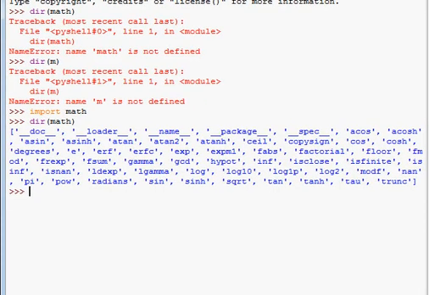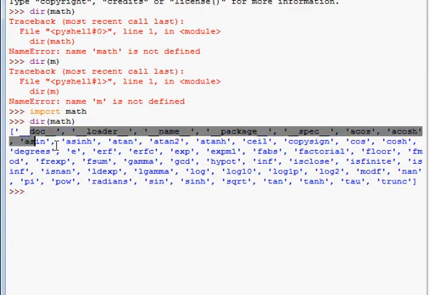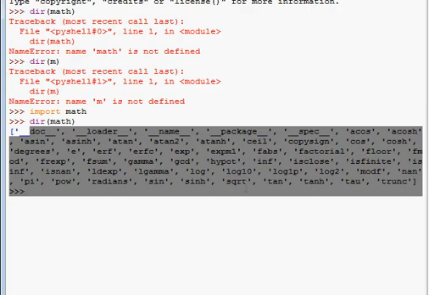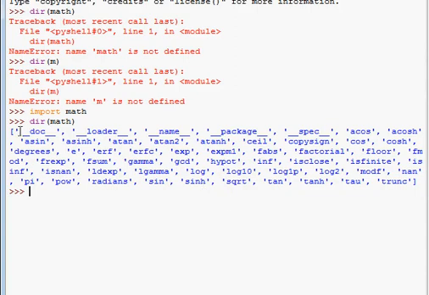Dir is used to give you the names of all that is defined inside the module. Means dir function is describing here all those attributes or all those functions which are already present in the math module. मैथ मॉड्यूल में कितने फंक्शन, कितने एट्रीब्यूट या कितने वेरिएबल्स उसमें डिफाइंड हैं, वो सब यहाँ पे आपको दिखा रहा है एक लिस्ट की फॉर्म में.